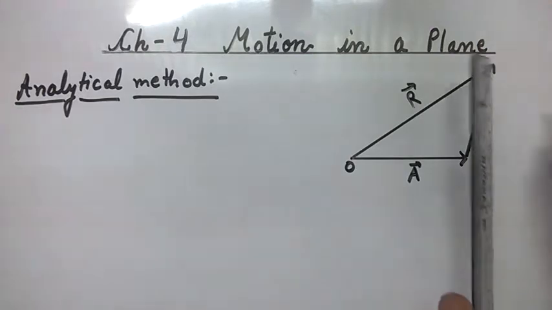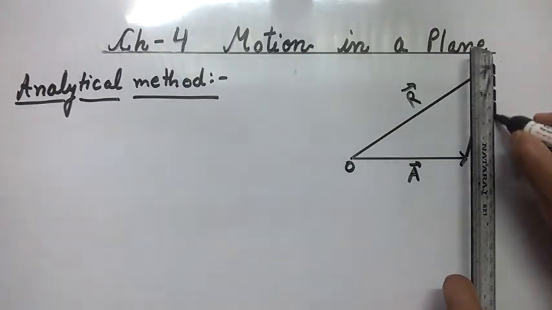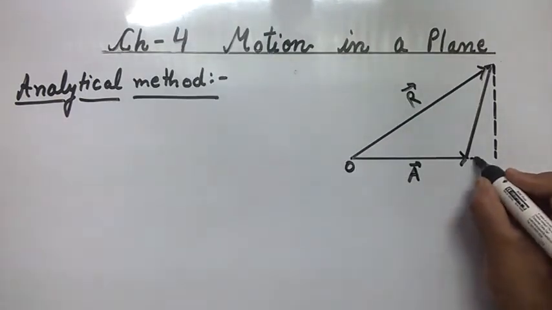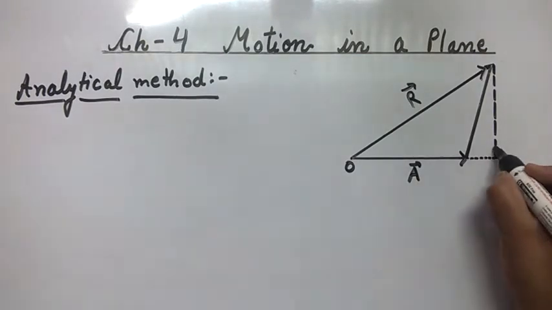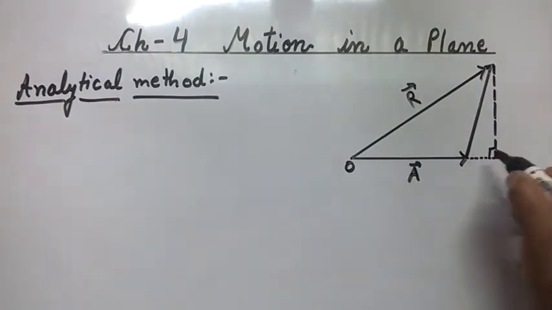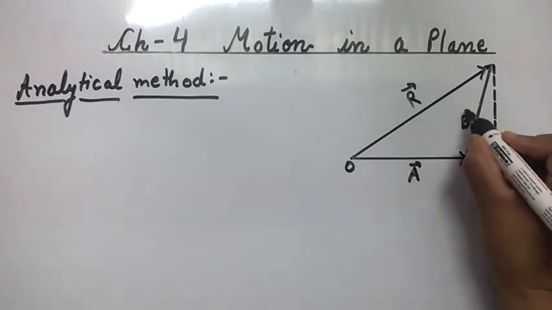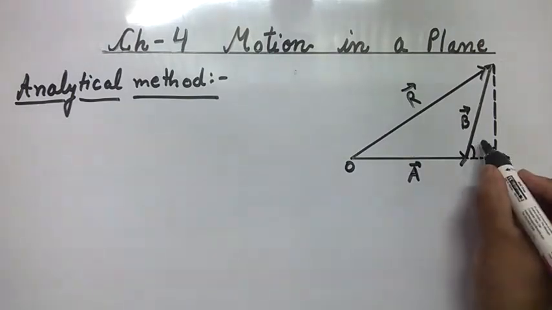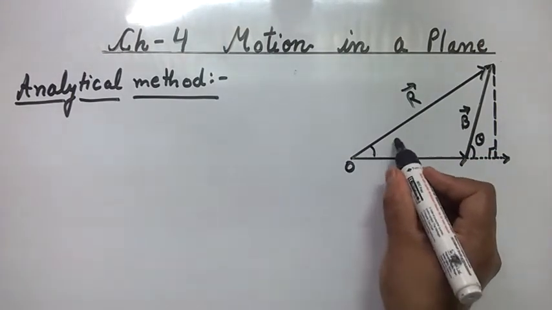Draw a perpendicular. Extend OA further. At 90 degrees, this is vector B. B is inclined at an angle theta with respect to vector A, and vector R is making an angle alpha.